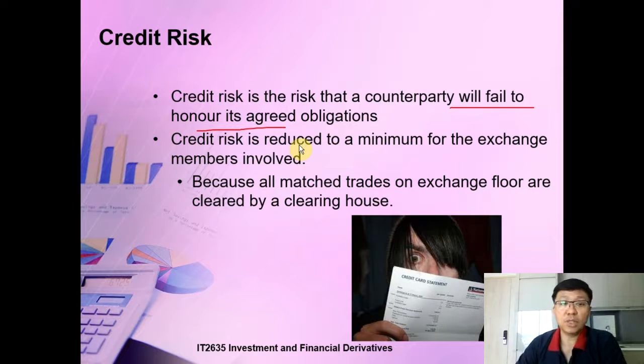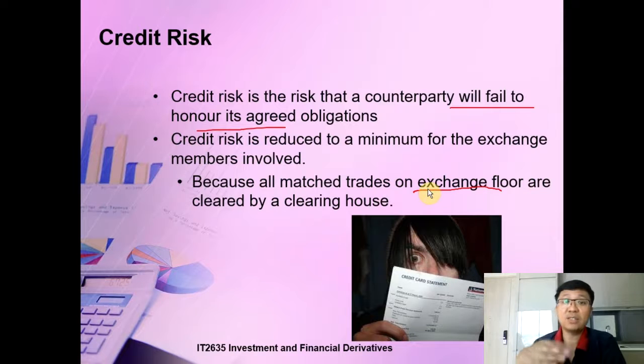So in a stock exchange, especially when you buy stocks and shares, the stock exchange usually acts as a middleman to minimize your credit risk, right? If you trade through the stock exchange, they are the middleman who tries to do the settlements every day.